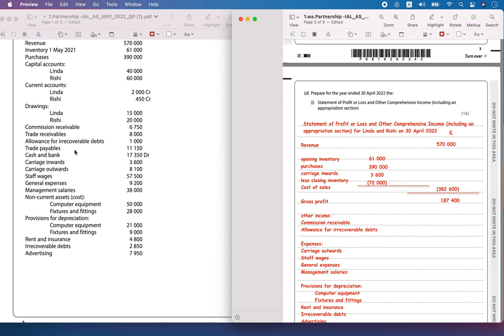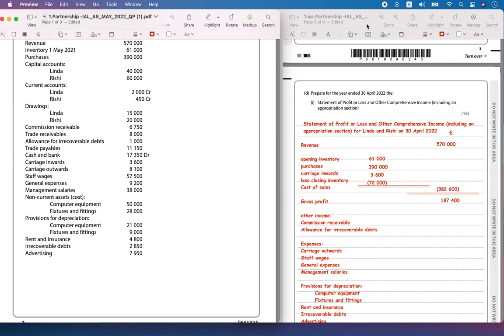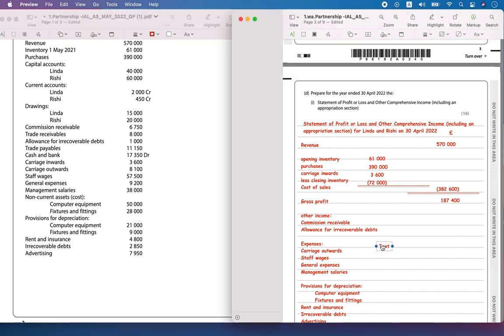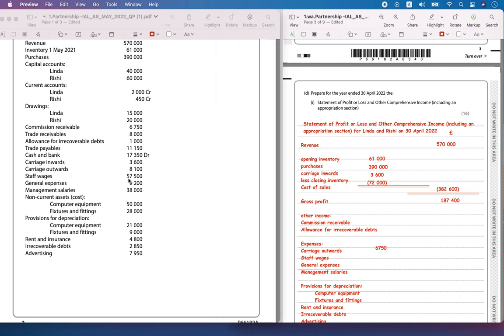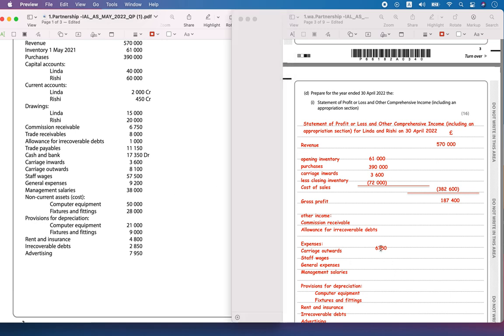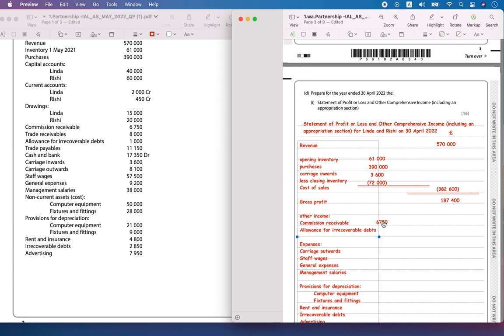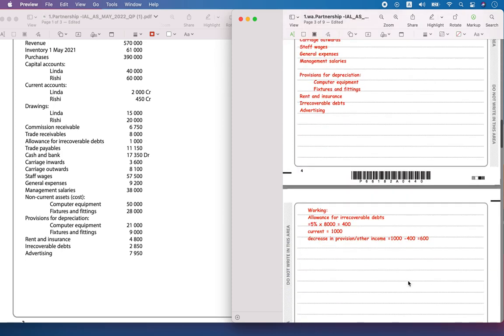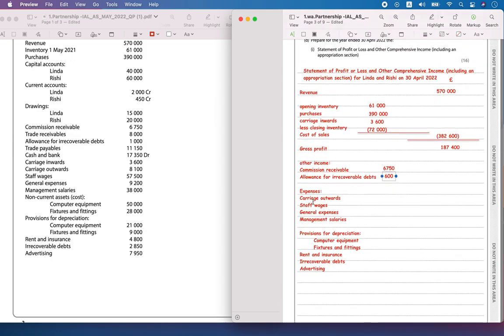Then we have the other income. Commission receivable was 6,750. Then we have the staff wages 57,500. Then allowance for irrecoverable debt, we know that it decreased, and the decrease amount is 600, which we calculated earlier.